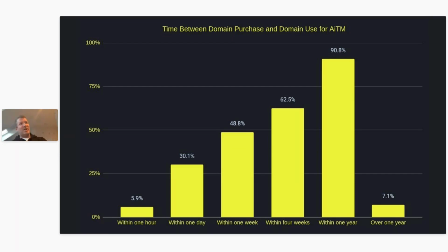But at the other end of the spectrum, if we look at the short time to deployment, we saw infrastructure being deployed within about 4 minutes of the domain being purchased. So there were some people who'd got really rapid and good at deploying this infrastructure.